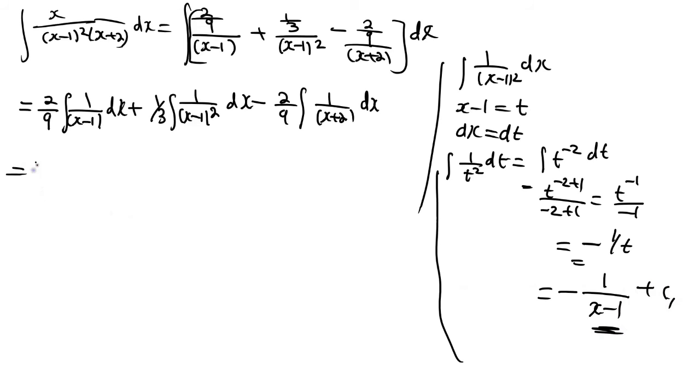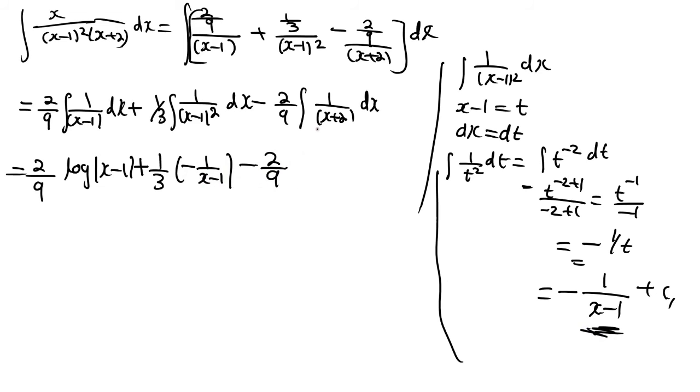So it's equal to 2 by 9 into integration of 1 by x minus 1, which is log of mod x minus 1, plus 1 by 3 into what we got, minus 1 by x minus 1. Here we calculated minus 2 by 9 into integration of 1 by x plus 2, which is log of mod x plus 2, plus integration constant c.